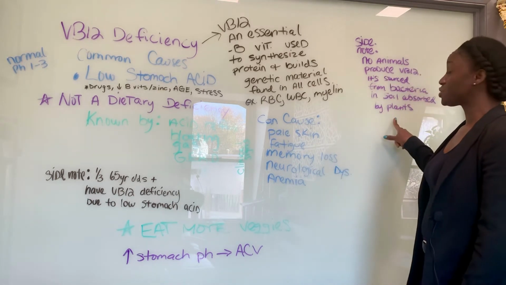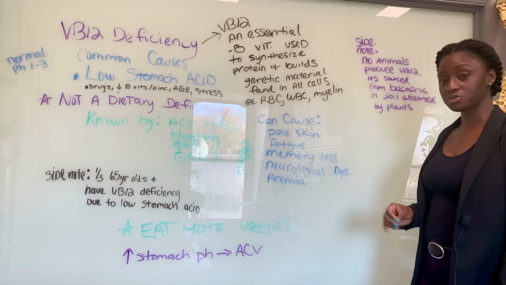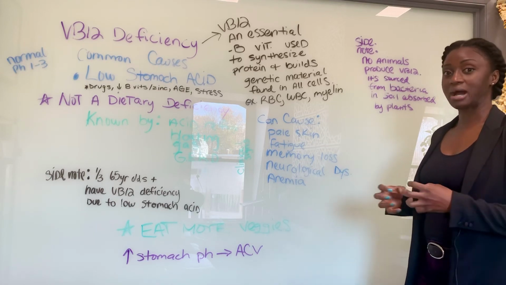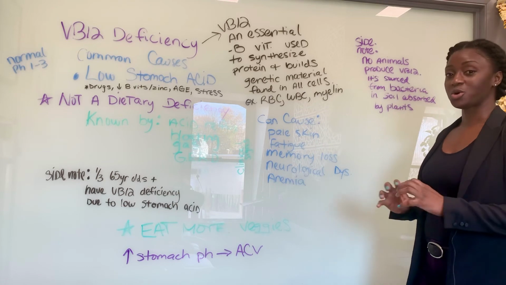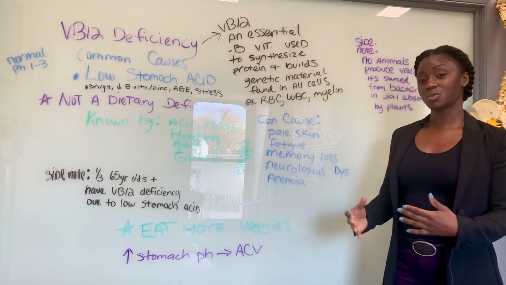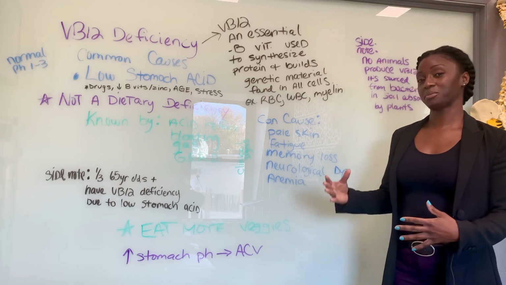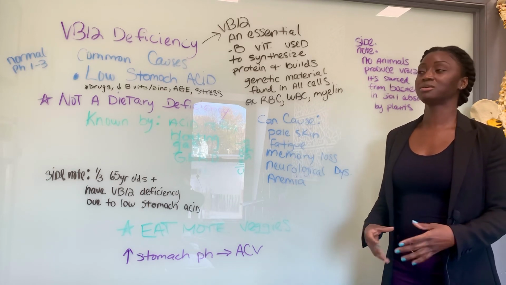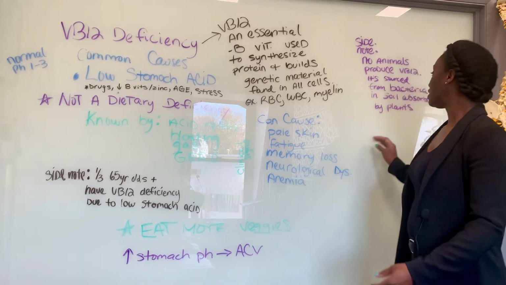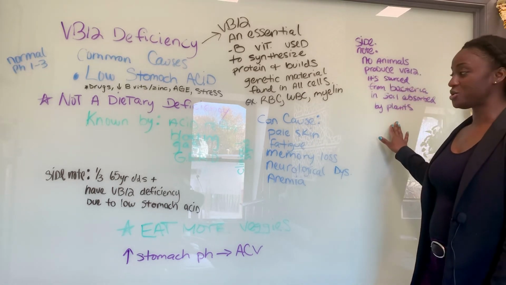B12 is sourced from bacteria in the soil, so plants are absorbing the B vitamins, and it's becoming a complex of vitamins. So when you see animals eating just grass, and yet we tend to get our B12 from meats, it says a lot there. So I just wanted to make that a note.